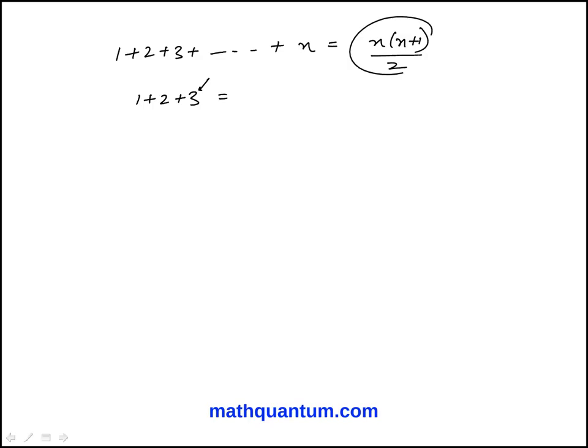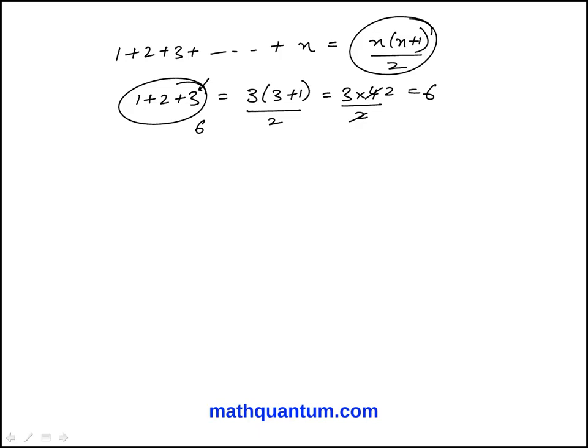So the piece of information we're given is that the sum of the first n positive integers is given by this expression. So what that really means is if you need to add 1 plus 2 plus 3, here n is 3, you replace n with 3 in this expression, and you will see that that is indeed 6, and if you add these terms, it's 6. So we have to use that information.